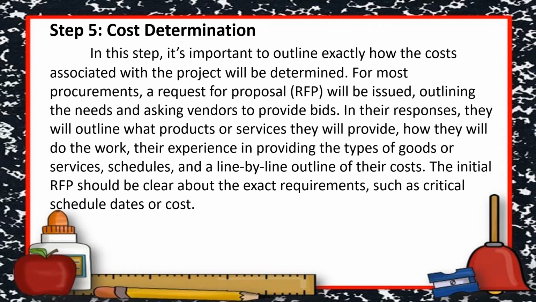In their responses, they will outline the products or services they will provide, how they will do the work, their experience in providing the types of goods or services, schedules, and a line-by-line outline of their costs. The initial RFP should be clear about the exact requirements, such as critical schedule, dates, or cost.